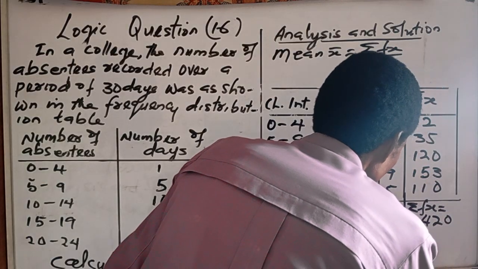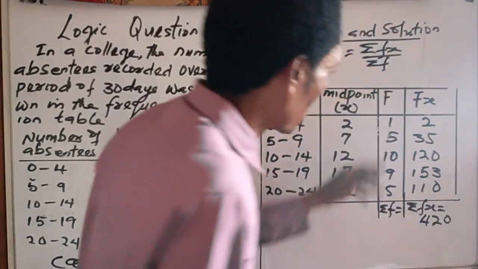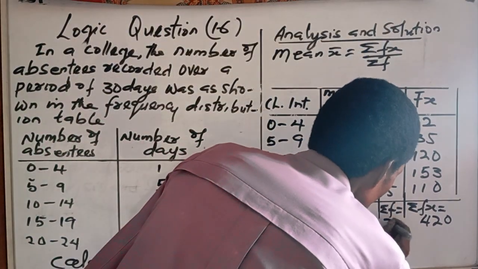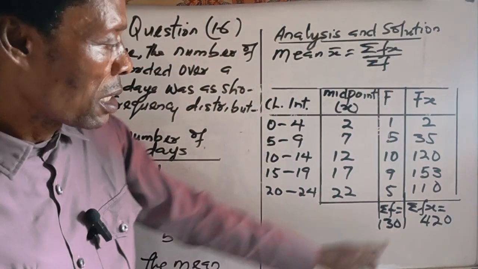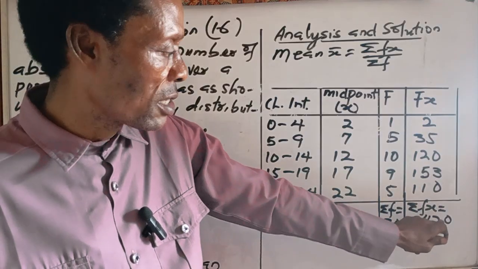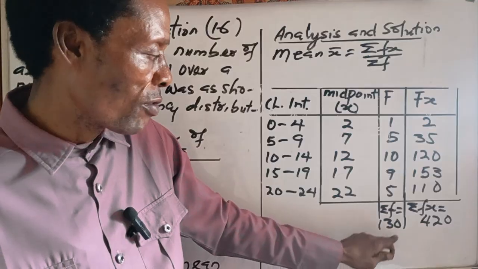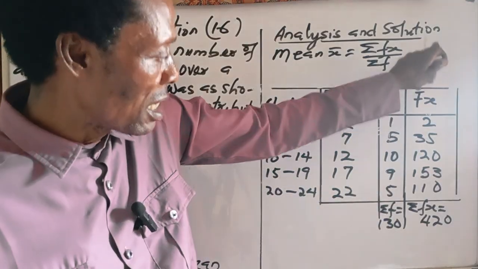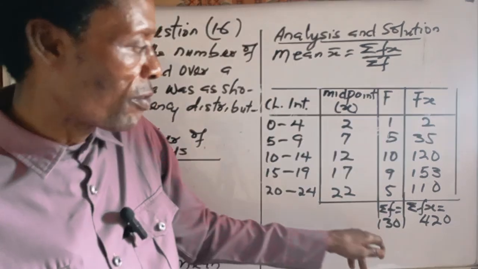This is sigma fx. Then sigma f, the column for frequency, if you add everything here also, you have 30. So summation fx gives us 420, and summation f gives us 30. That is the addition of all the frequencies, and this is the addition of the product of frequency and each value.